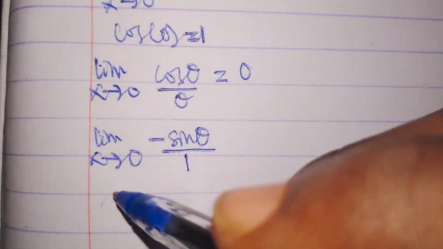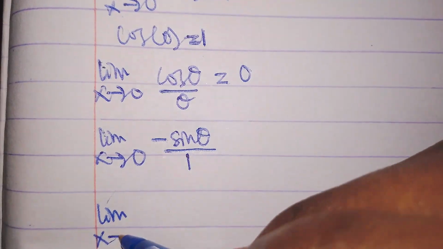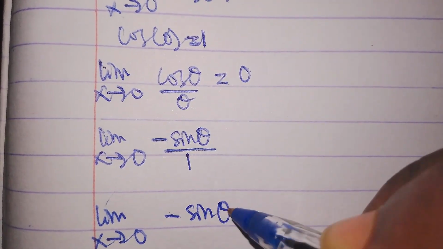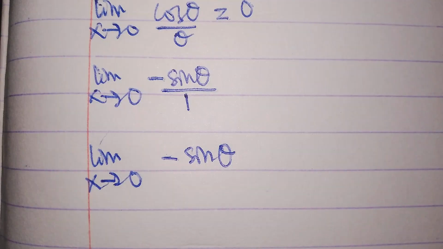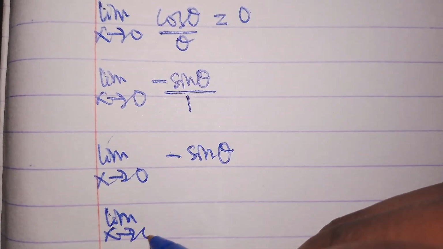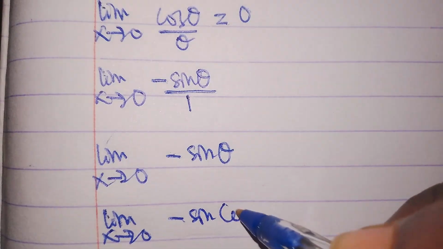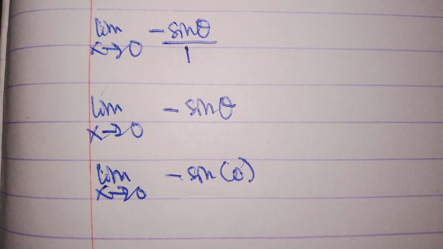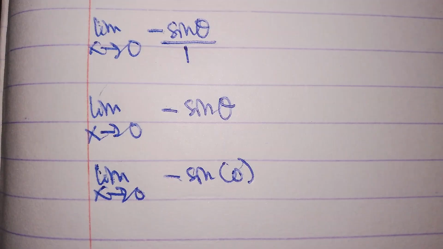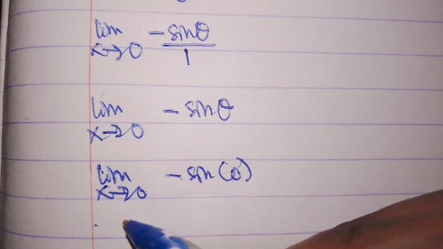So we get the limit as x approaches 0 of negative sine theta. So our answer will be the limit as x approaches 0 of negative sine 0. Now we know that sine 0 is 0, and 0 times negative 1 is also 0. So our final answer will be 0.